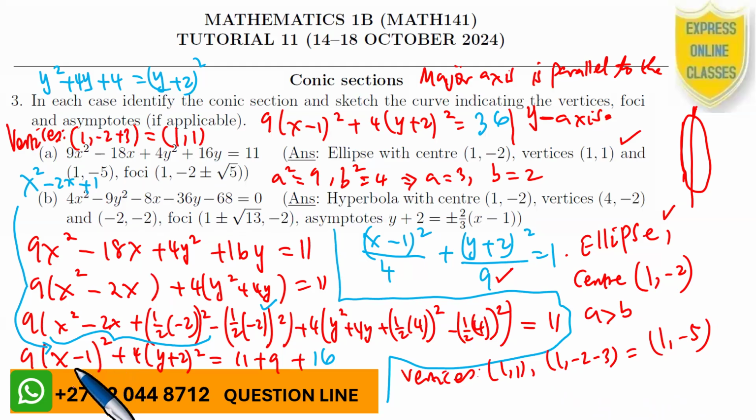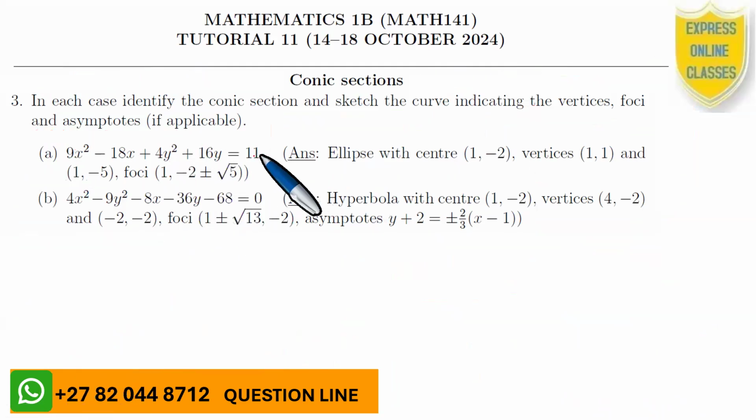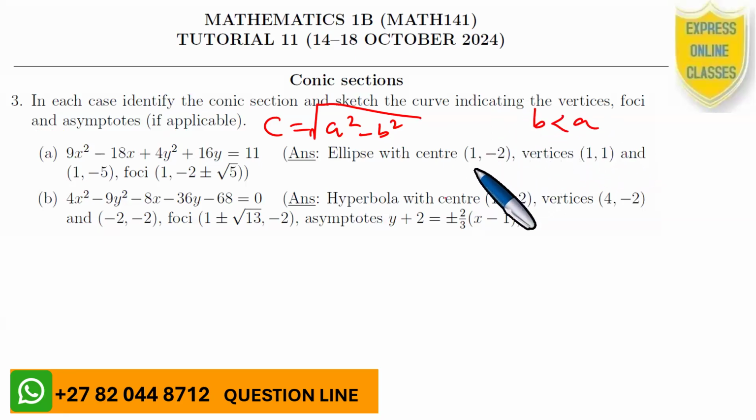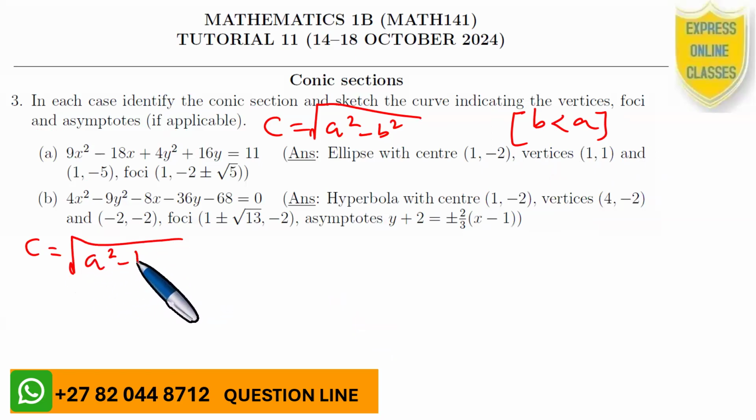And so now to deal with the foci, you remember the C. Now, this is what you need to remember so that you don't get confused in the exam. Here A is bigger than B, so C is the square root of A squared minus B squared.